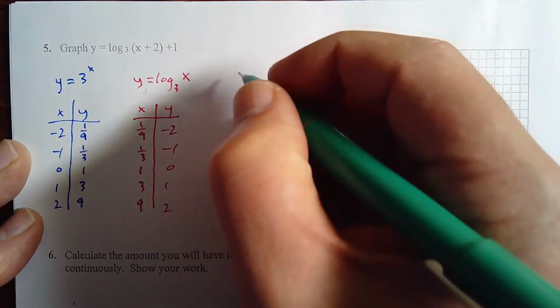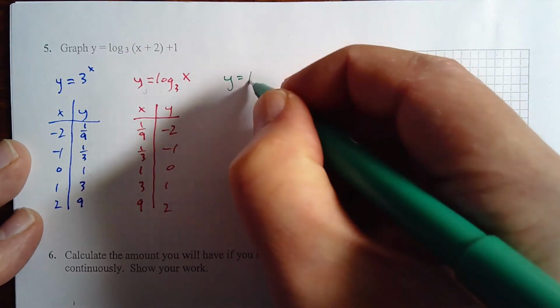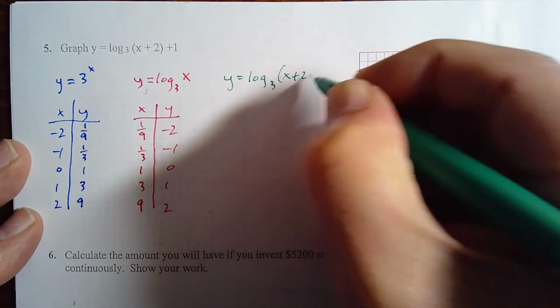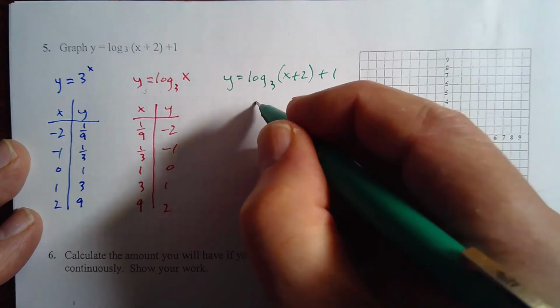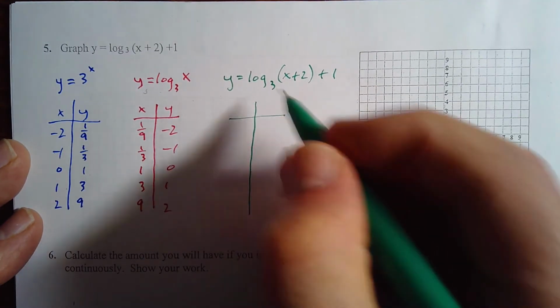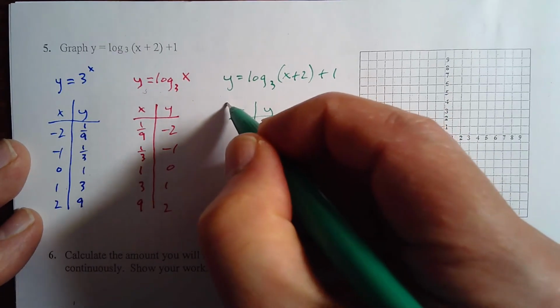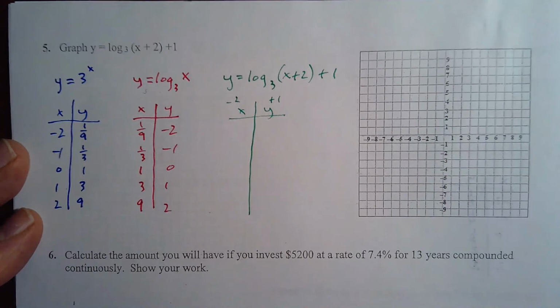And now I'm going to do the slide part. So that would be log, still base 3, x plus 2 plus 1. And so now for my x's and y's, I'm going to have to subtract 2 from my x, and I'm going to have to add 1 to my y to do the slide.